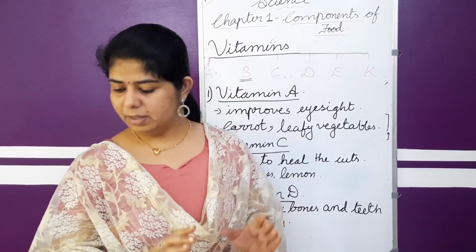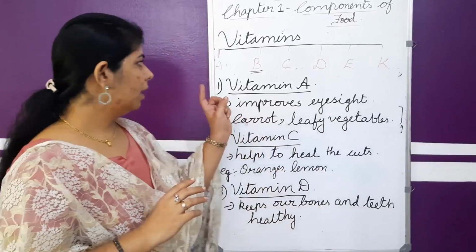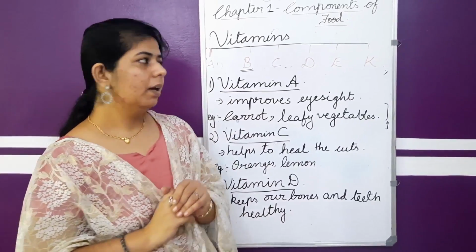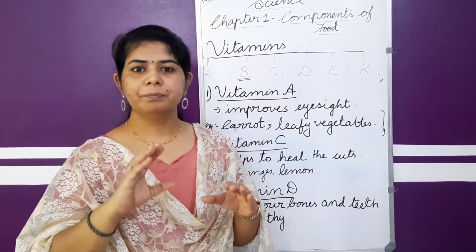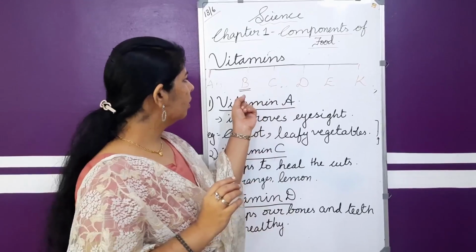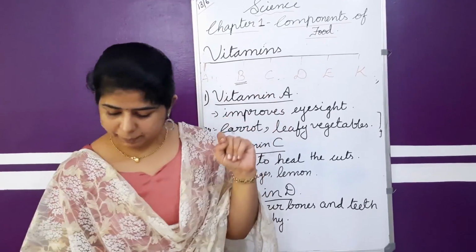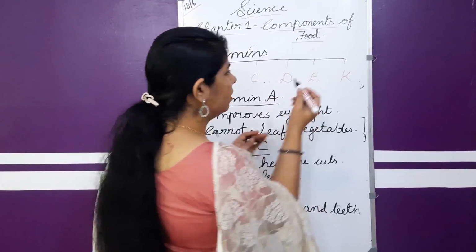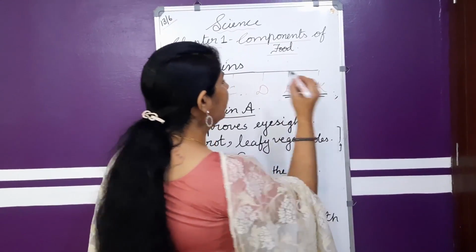Okay, so these are the different types of vitamins. In that, about vitamin A, vitamin C and vitamin D they have said. And your work for today is to find out the function of vitamin B, and vitamin E and vitamin K, which we have not said.